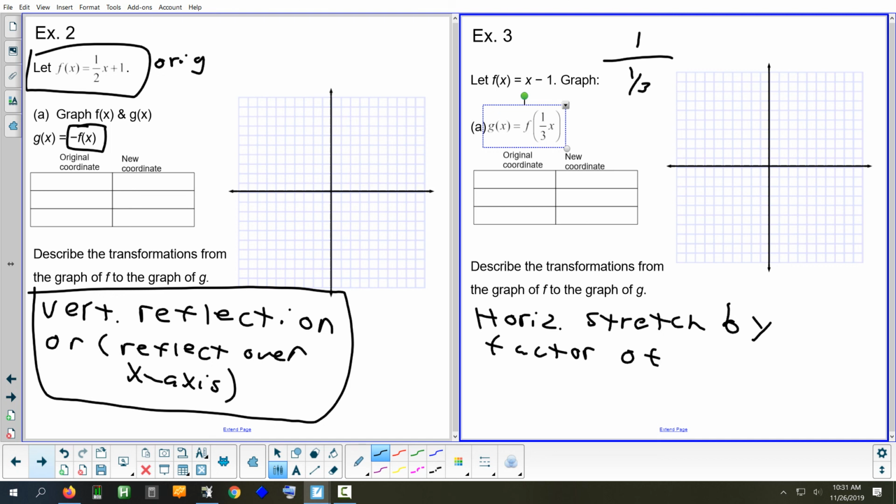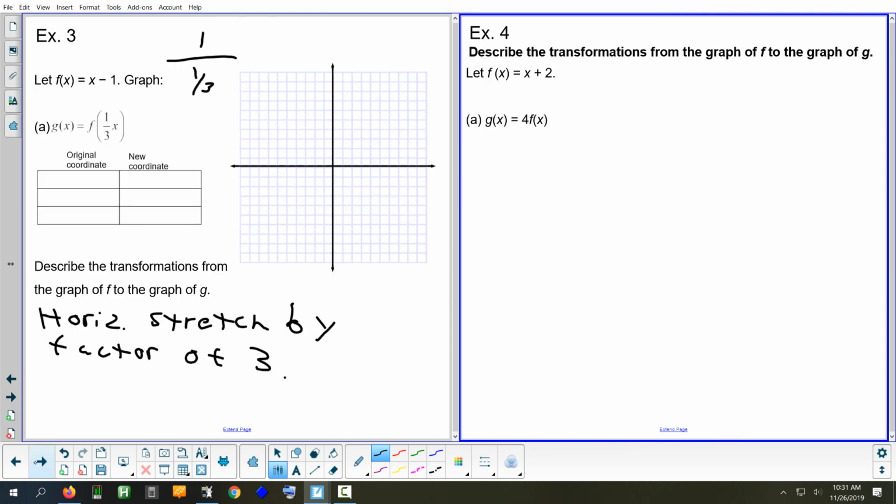Does anybody remember what I got when I did that on the calculator? 1 divided by 1/3. Why didn't you fill in the box? Because we're just focusing on describe the transformation. That's the most important thing for the test. So what did I get when I did this? 3. Yep. Horizontal stretch by factor of 3.